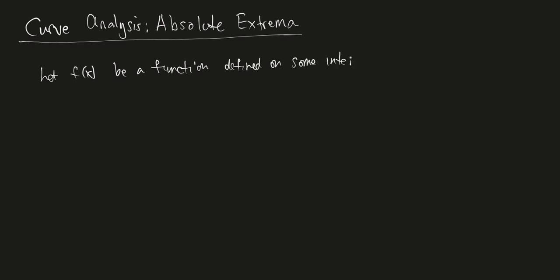Now notice all it's saying is defined. So the function doesn't have to be continuous, certainly doesn't have to be differentiable. We just have to make sure that the function is well defined at every point in some interval, right? And let x equals x0 be a number in that interval. So let's say x0 be in this interval.